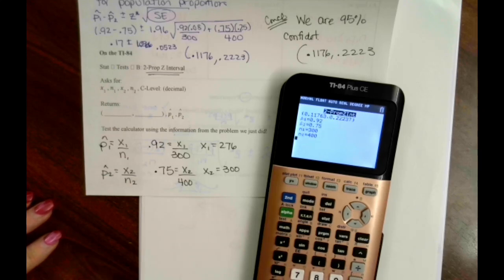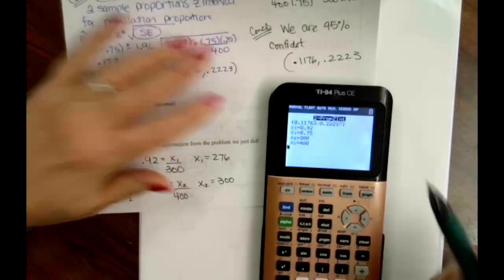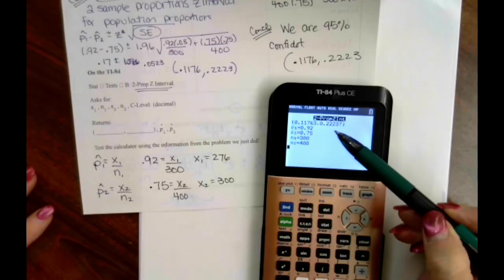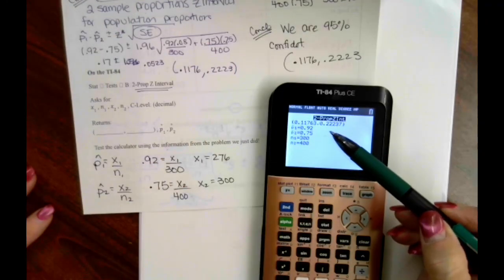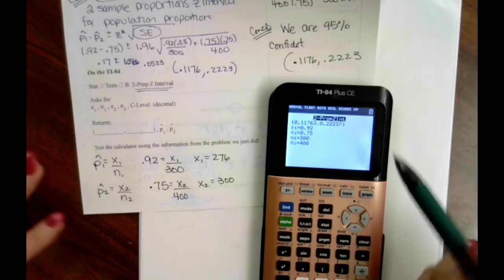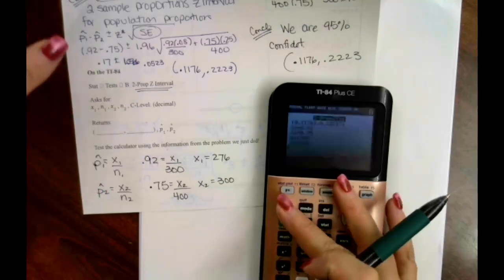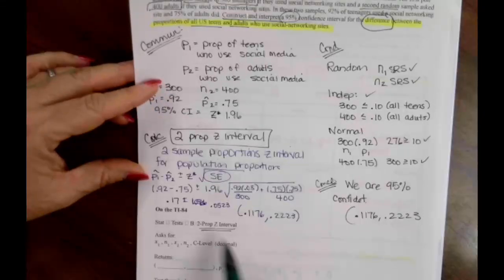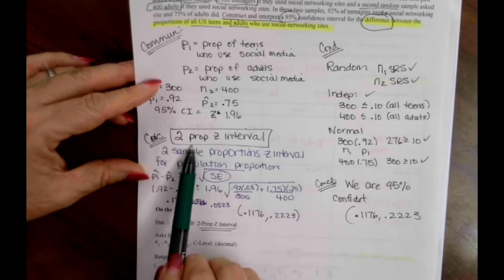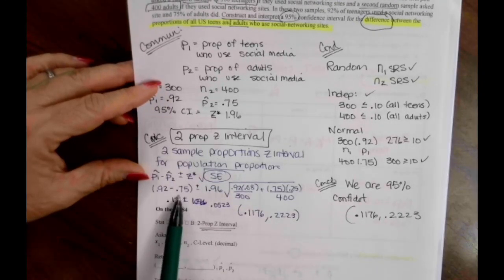Okay, so here it is, 0.1176 to 0.222, which is what we ended up with here. So there's absolutely nothing different with this except for the fact that we've got 2 proportions, so we use 2 prop, and we're finding a difference, so we're subtracting.